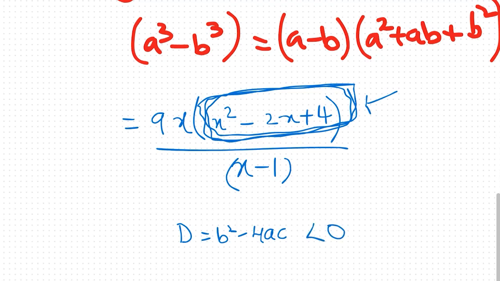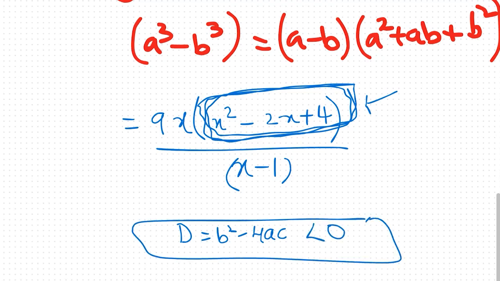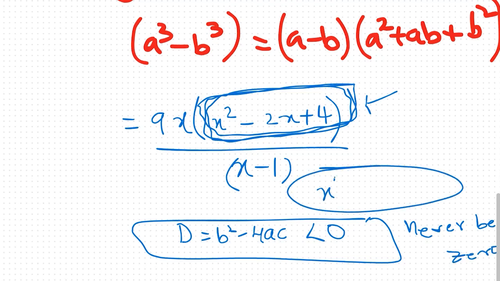So that means it will never be 0. So even if you get any additional factor in the denominator, if you cancel it, no need to worry about holes. So you can cancel it as it is. So these are some applications of holes.